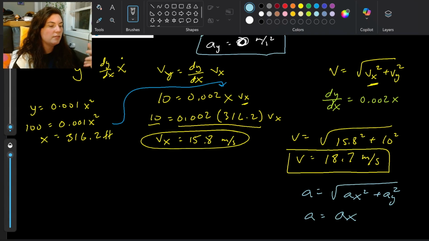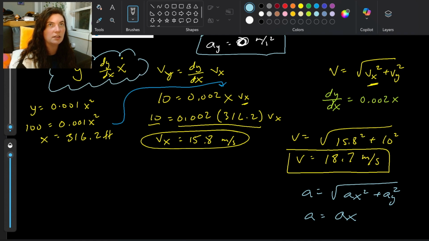But again, we still have no time. We have no really good way to take a derivative of velocity because we don't have velocity in terms of time. We just have a number for the value of velocity at y equals 100. So what we're going to have to do is use another special relationship, kind of like the one we talked about.